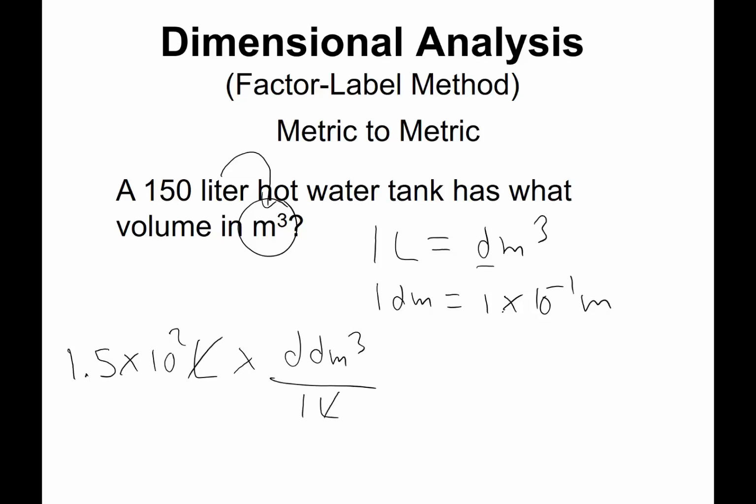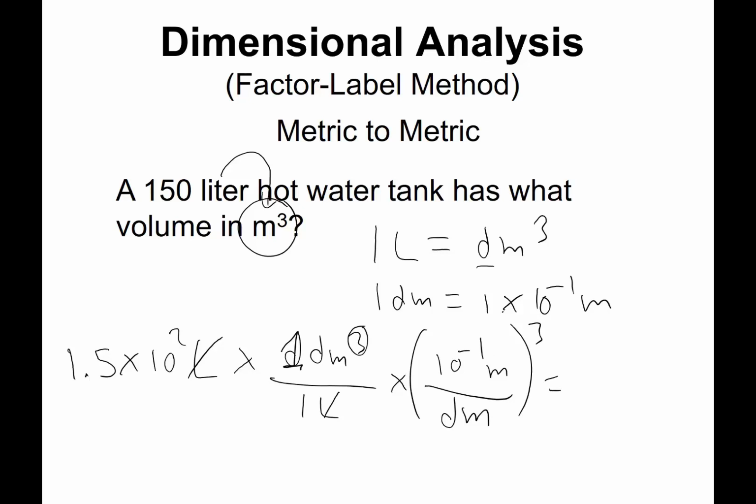The liter goes away, and so this should just be a 1 decimeter cubed. And this is where you need to pay attention. The next conversion factor would then be going to meters, so it's 10 to the minus 1 meters divided by decimeters. But this is cubed, so I have to cube the whole thing.